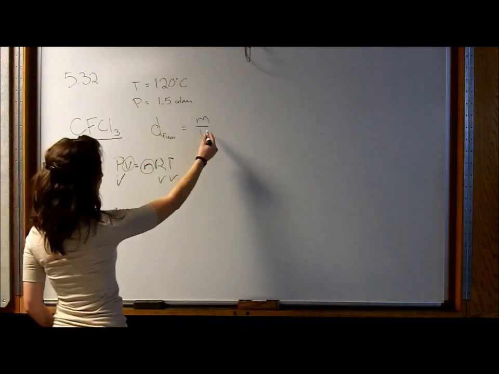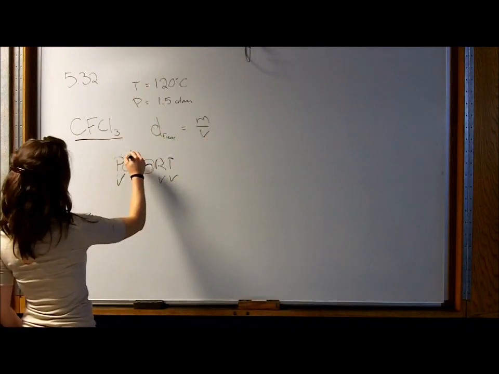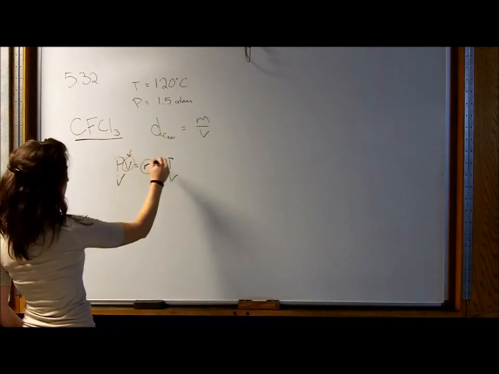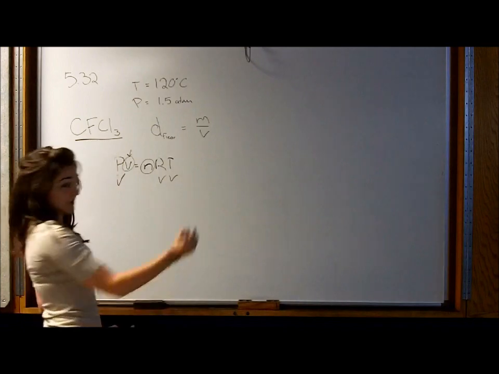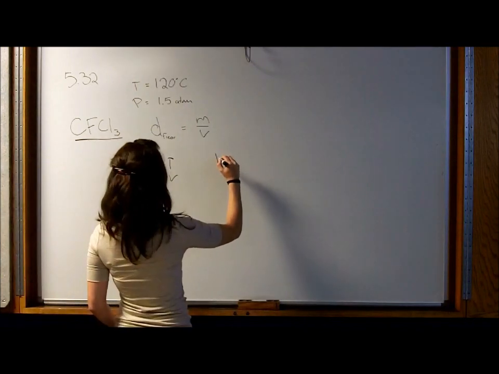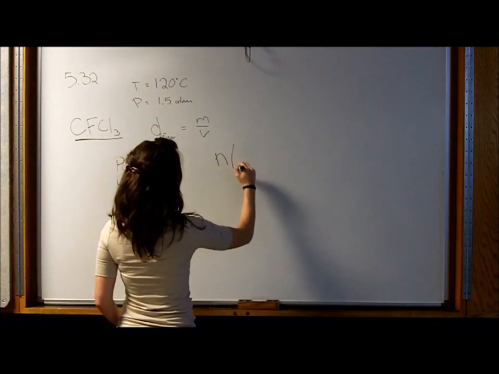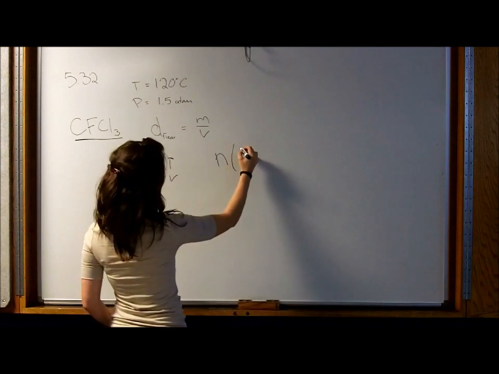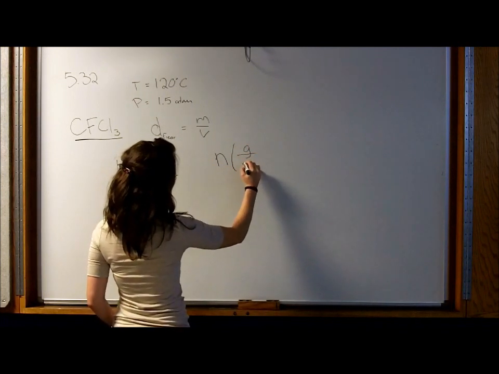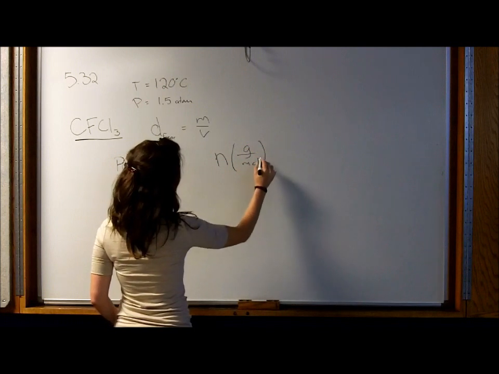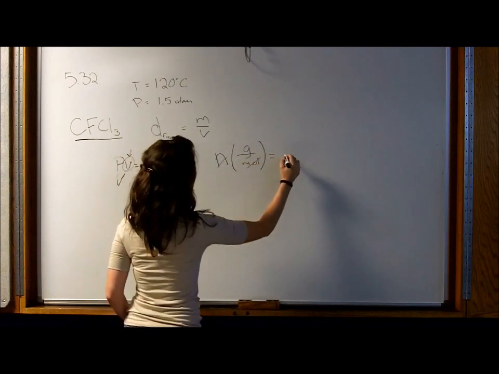But we are looking for mass divided by volume, so we're going to have this in our answer. And moles, how do we convert moles to mass? We just multiply by the molecular weight, which will be grams per mole. Moles will cancel, and you'll end up with a mass.